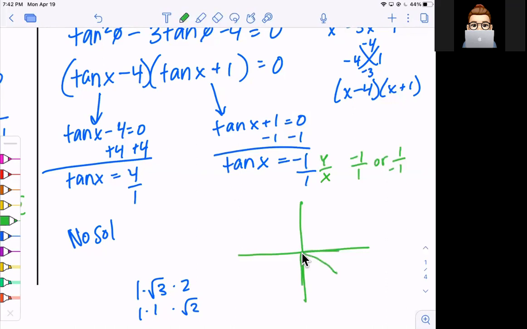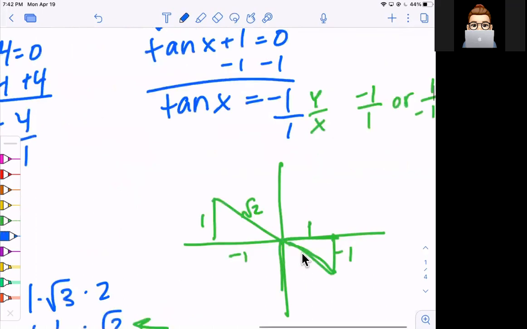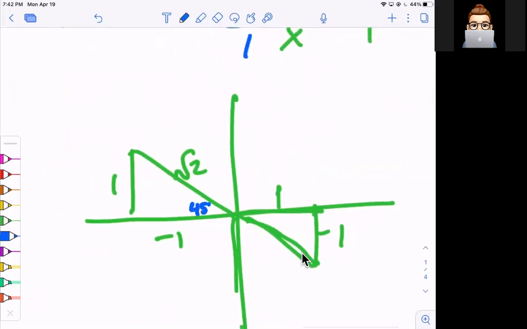So for here, 1, negative 1, or over here, 1, negative 1. This is 1, 1, square root of 2. So we know we have 45, 45, 90. So you have 45 degrees here, 45 degrees here.